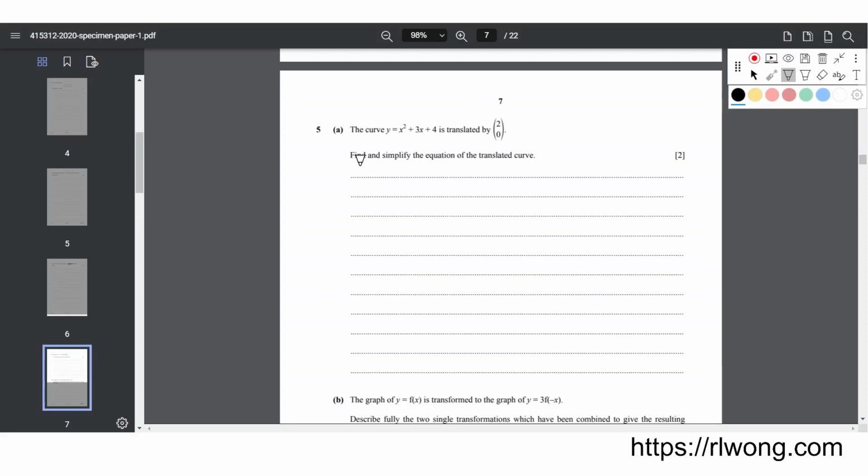If I were to let f(x) be equal to x squared plus 3x plus 4, a translation of 2 units in the x direction means we are drawing this. So we know that the translated curve is f(x minus 2). So I'll replace all the x with x minus 2.